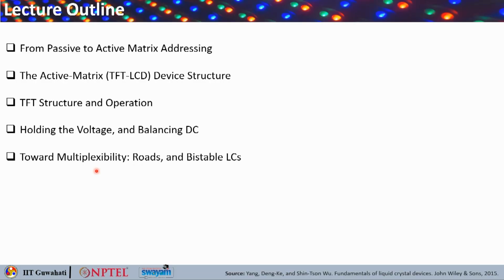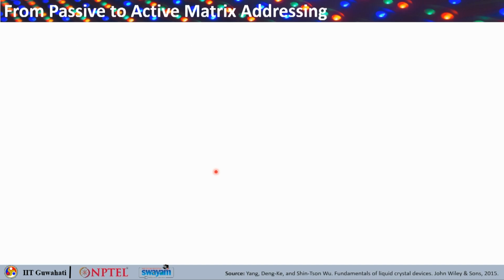We'll first discuss why we moved from passive to active matrix addressing, and then we'll look into the active matrix, that is the TFT LCD device structure. We'll go into the details of the TFT structure and its operation, and see the methods of holding the voltage and balancing DC, and also multiplexibility, something like the Rhodes and the bistable LCDs or liquid crystals.